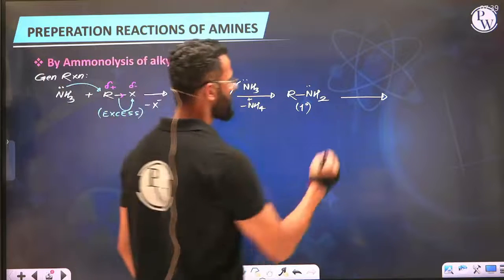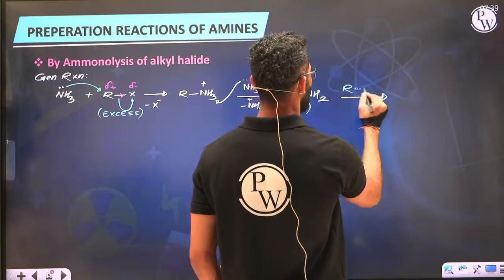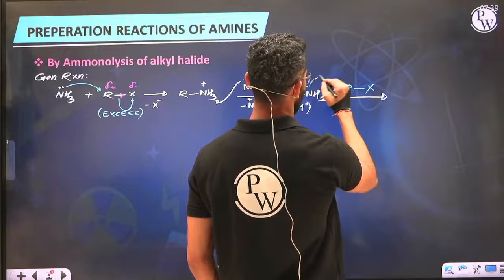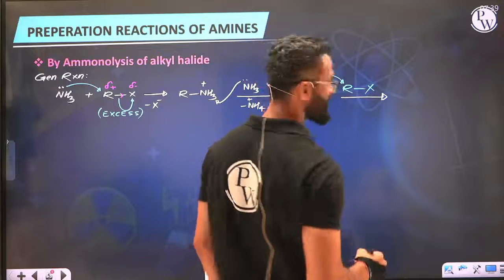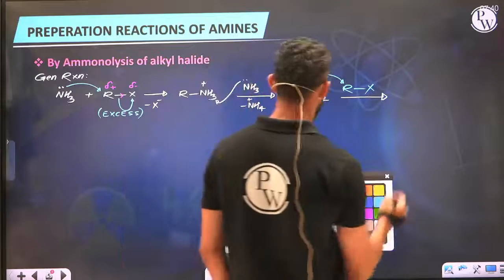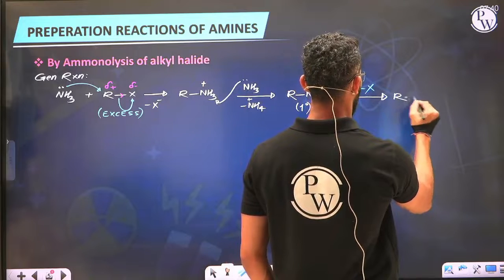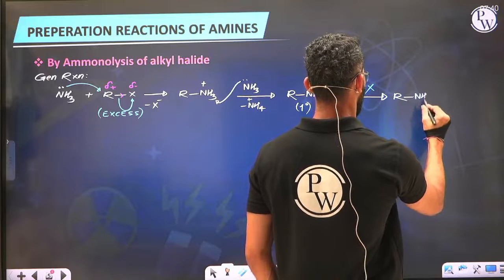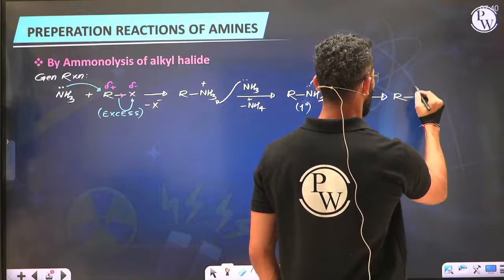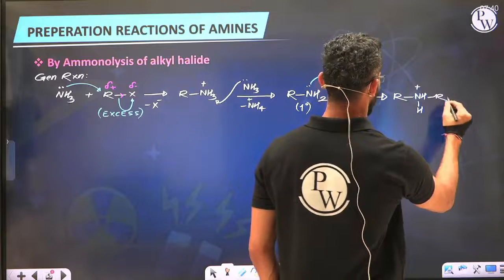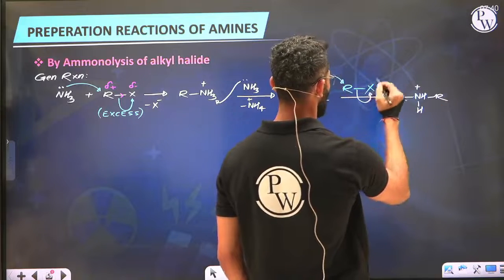So what will happen? This will be the second equivalent of alkyl halide. The lone pair of nitrogen will attack to give you RNH2 plus R. Of course X minus will leave.